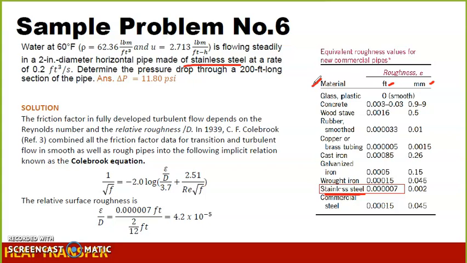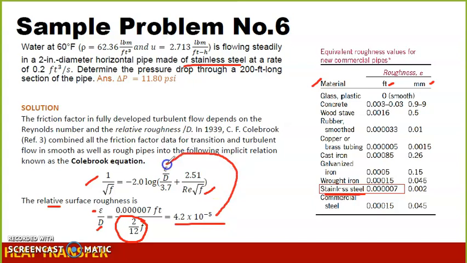Let us try to compare with our result. With the first equation, we actually have 0.0173. How about the Colebrook equation? The difference is that there is an iteration here because the friction factor f appears on both sides of the equation. The relative roughness is the roughness, E, divided by the diameter in feet, 2/12, so the relative roughness is 4.2 times 10 to the negative 5.